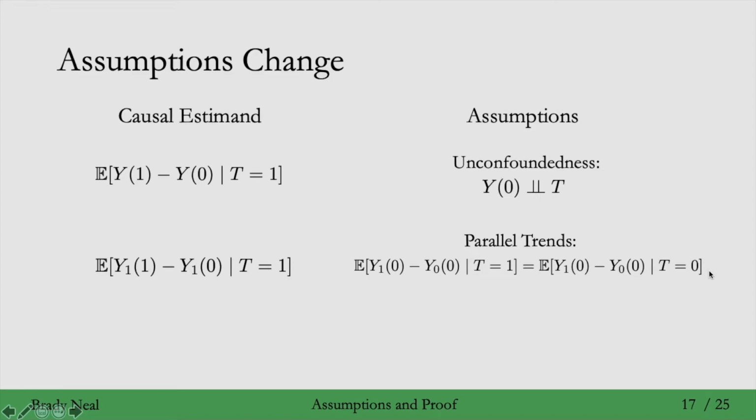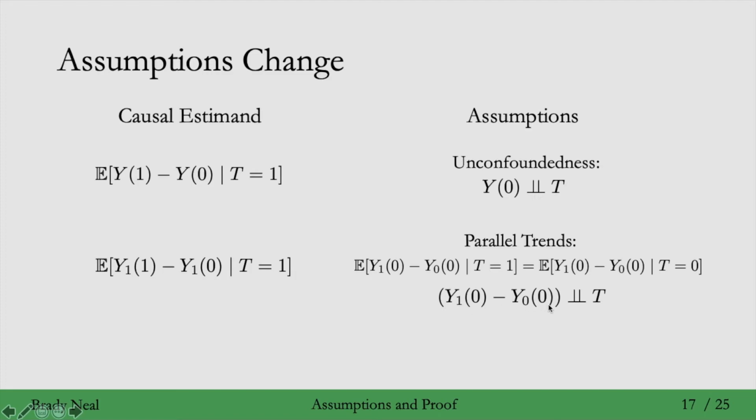That's the parallel trends assumption. So because it's in both treatment groups, it doesn't matter which treatment group you're in, you could think of this as an independence assumption, where instead of it being this single potential outcome y0 that's independent of t, now it's actually this difference that we're assuming is independent of t, this difference across time.